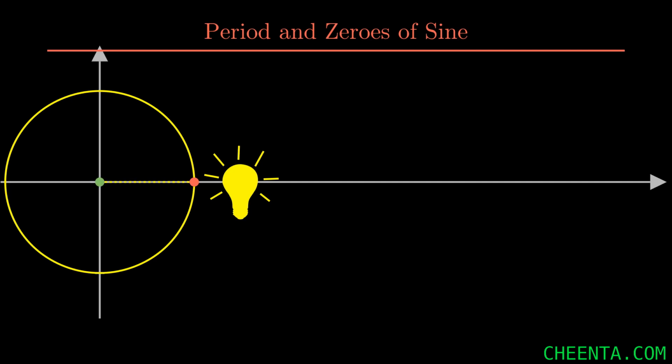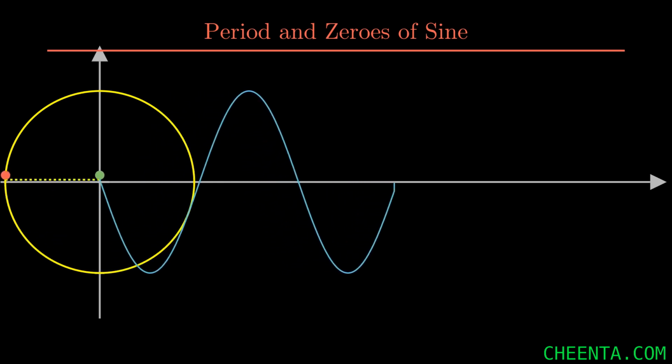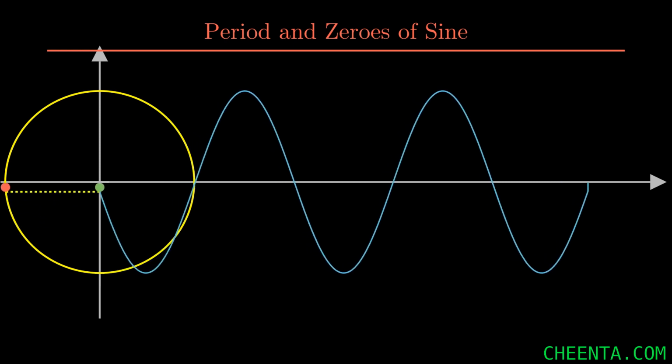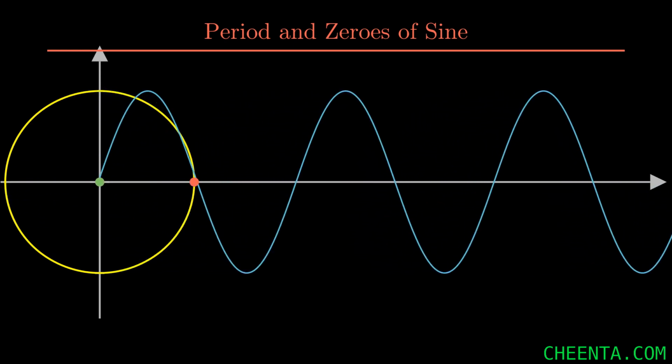Now if I move the red dot along the circle, then the oscillation of the green shadow is the sine function as shown. Now as you can see, when the red dot is moving from the minus x-axis to the plus x-axis, the sine function is getting its zeros, and as it is the integer multiple of pi, the zeros of the sine function are at 0, pi, 2 pi, 3 pi and 4 pi.